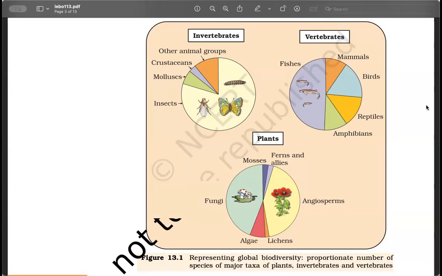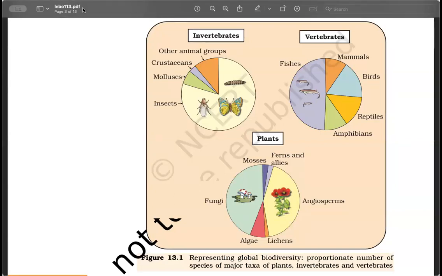Yeah. So among animals, it is noticed that the insects are more than other animal groups, crustaceans and mollusks. And in vertebrates, it's seen that mammals, birds, reptiles, amphibians are less than fishes.